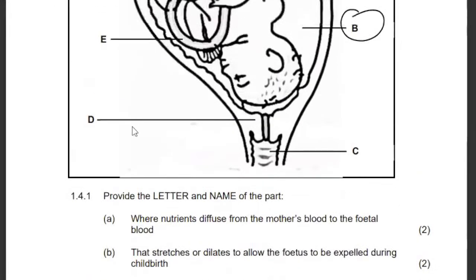Where do nutrients diffuse? Here students lose marks when they ask this question, because for letter and name, they only give the name or only give the letter. So you are losing marks. They're saying where nutrients diffuse from mother to the fetus.